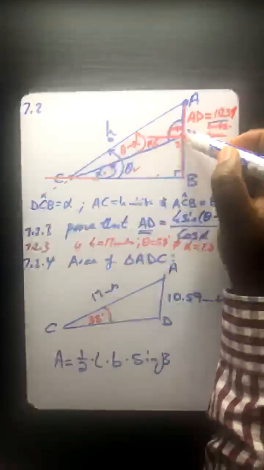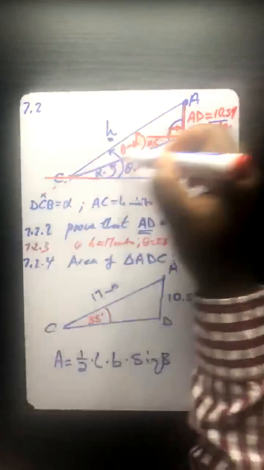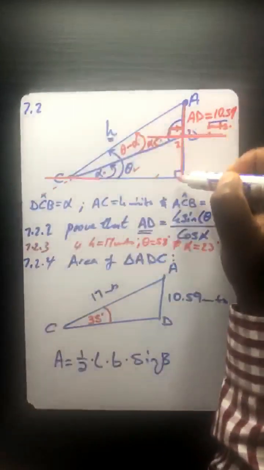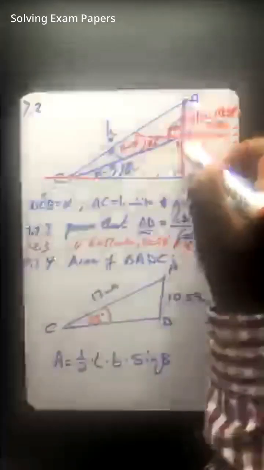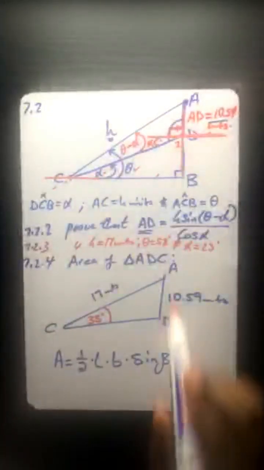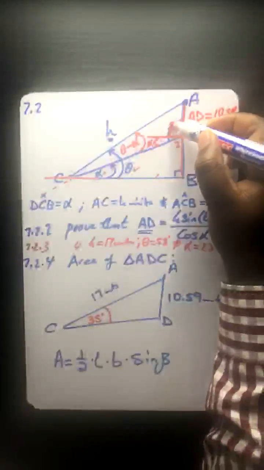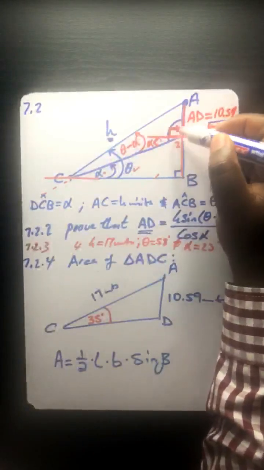Check if you can use the smaller right angle triangle. If not, check if the bigger right angle triangle can help you find that hypotenuse. If it doesn't work, check if you have this angle. Check if you have that angle.